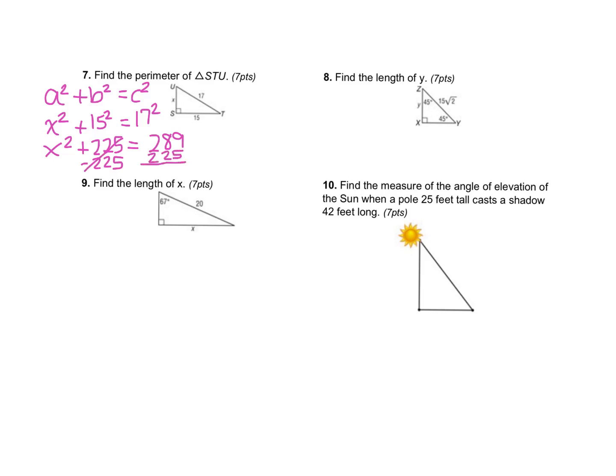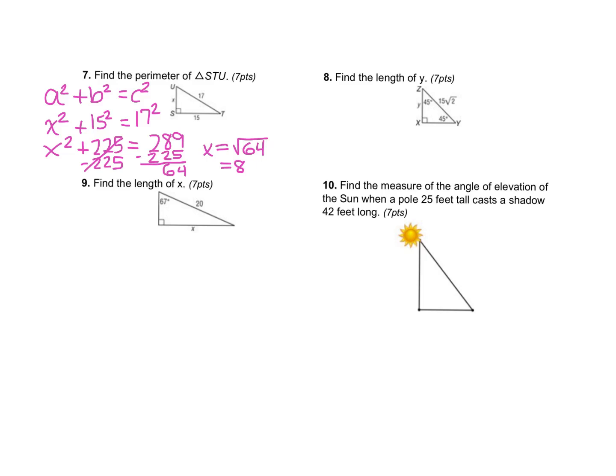And when I do that subtraction right here, I would get the number 64. Now 64 is equal to x squared. So if I want to solve for x, x would be equal to the square root of 64. And that's a perfect square, so we get 8.